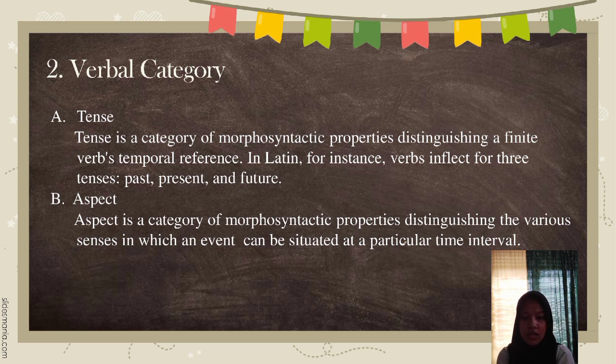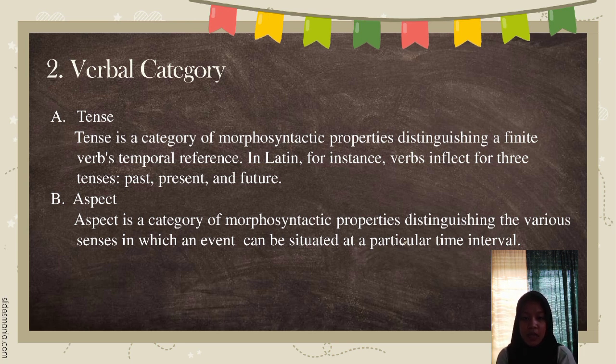A. Tense. Tense is a category of morphosyntactic properties distinguishing finite verbs' temporal reference. In Latin, for instance, verbs inflect for three tenses: past, present, and future. It is the relationship between the form of the verb and the time of the action or state it describes.